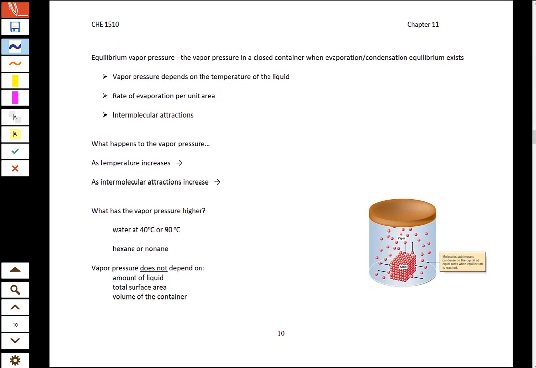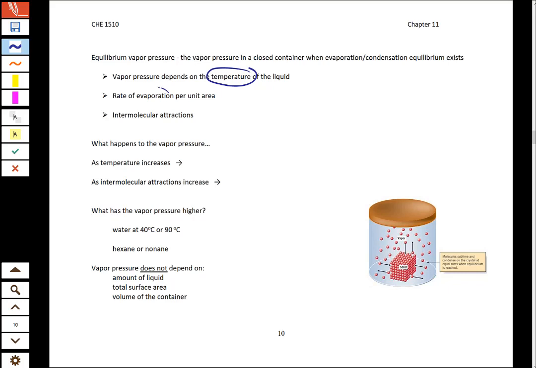And so when we start thinking about vapor pressure, that vapor pressure depends on a couple of things. Obviously, it depends upon the temperature of the liquid, because the higher the temperature, the more evaporation you see. The more evaporation you see, the more gas molecules you have, and those gas molecules are what are exerting that pressure.